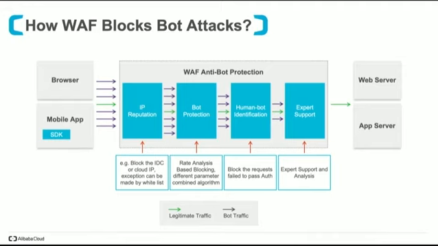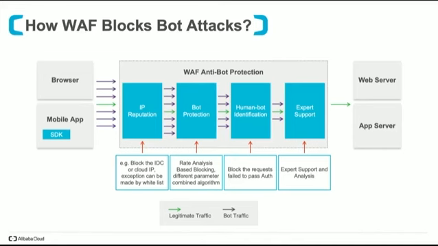And then the next layer is the bot protection. In here, we have models and engines to filter out more attacks. And then human bot identification, like CAPTCHA, to filter out a lot more. So pretty much 80% of bots are filtered at this stage.